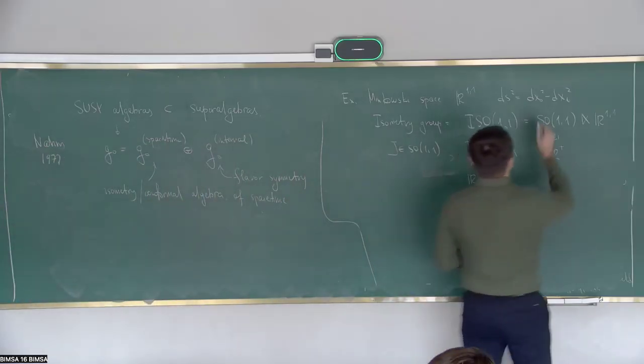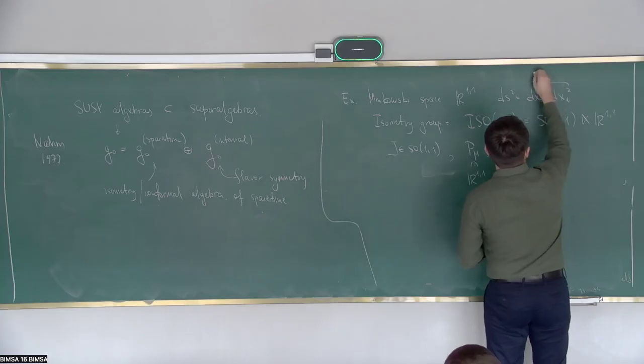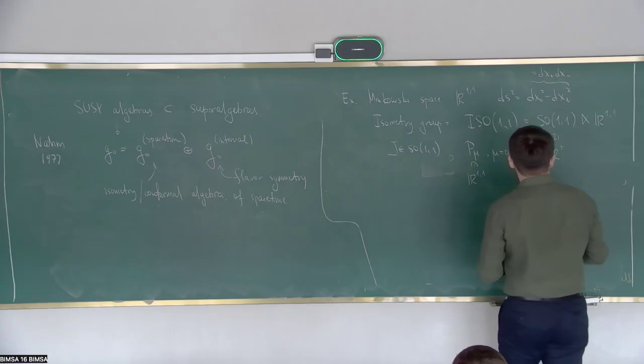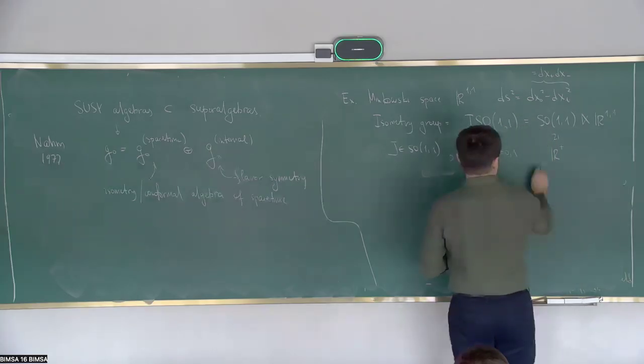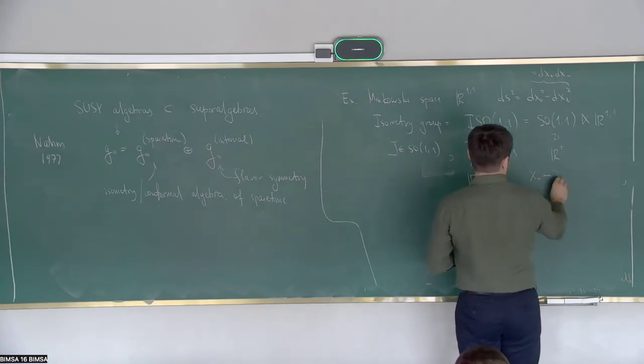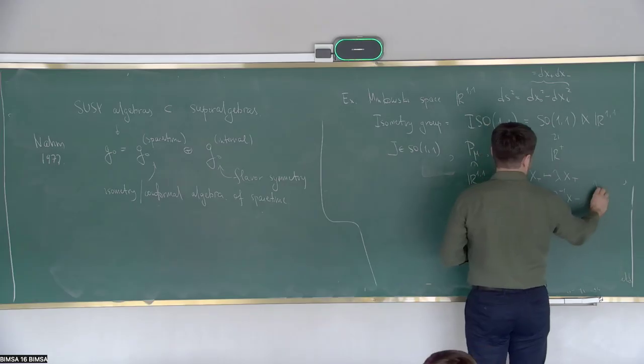This can be written with light-cone coordinates, dx plus dx minus, and the group scales x plus goes to lambda x plus, and x minus goes to lambda inverse x minus.